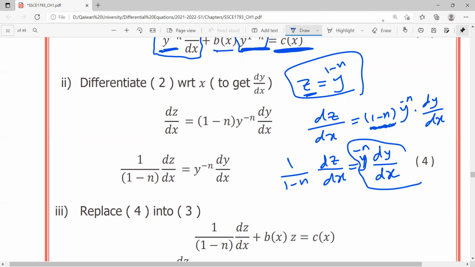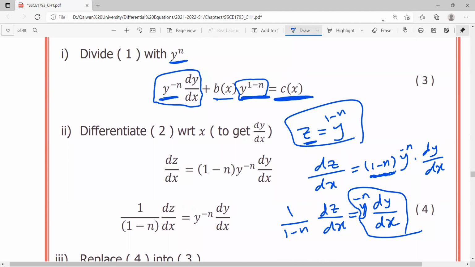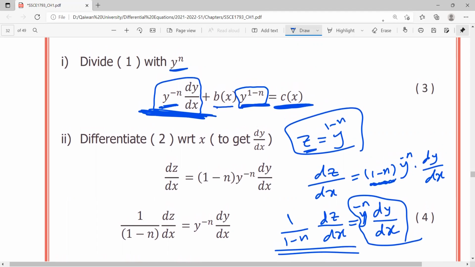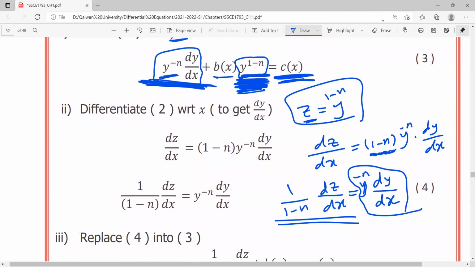As you see here, we got the term y to the power minus n dy by dx, and we replace that term by this one. Then we replace y to the power 1 minus n by z, and on the right-hand side, we have c of x. We just do these substitutions.